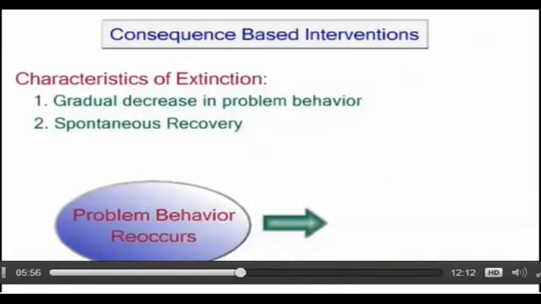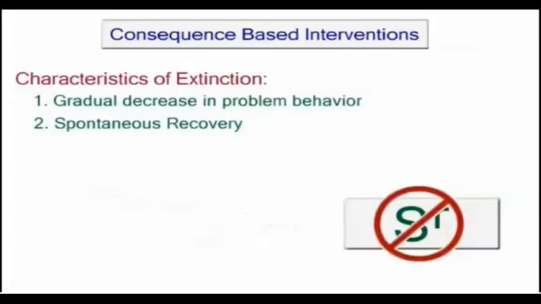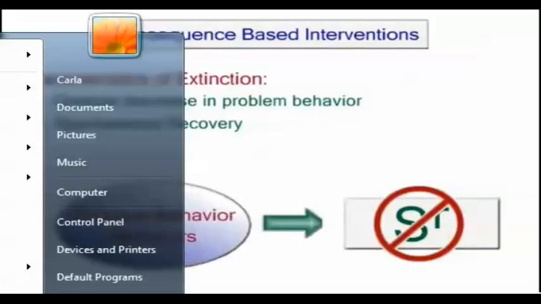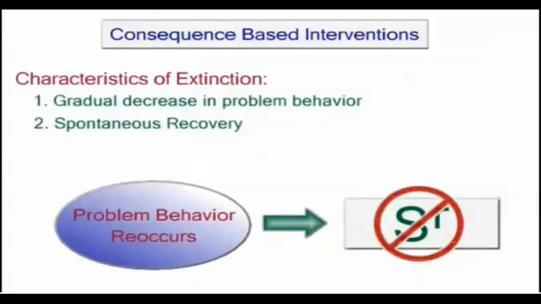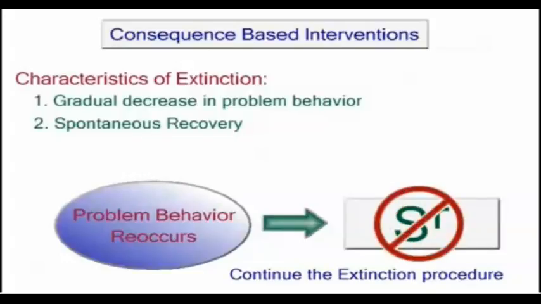If spontaneous recovery occurs and the behavior is not reinforced, the behavior will extinguish again very quickly. However, if spontaneous recovery occurs and the behavior is reinforced, the behavior is strengthened. As a result, it is important to continue to implement the extinction procedure as long as you want the behavior to remain extinguished.